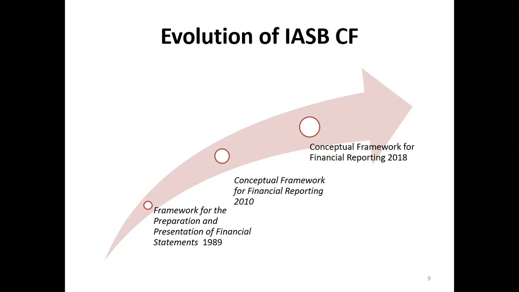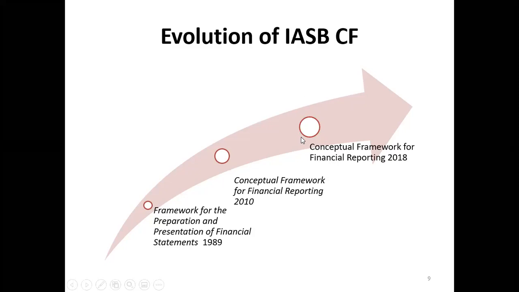they came up with the exposure draft. Then again, another round of comments was welcomed, and finally, in 2018, they came up with the fully fledged, entirely revised conceptual framework, in the sense of the rest of the aspects.